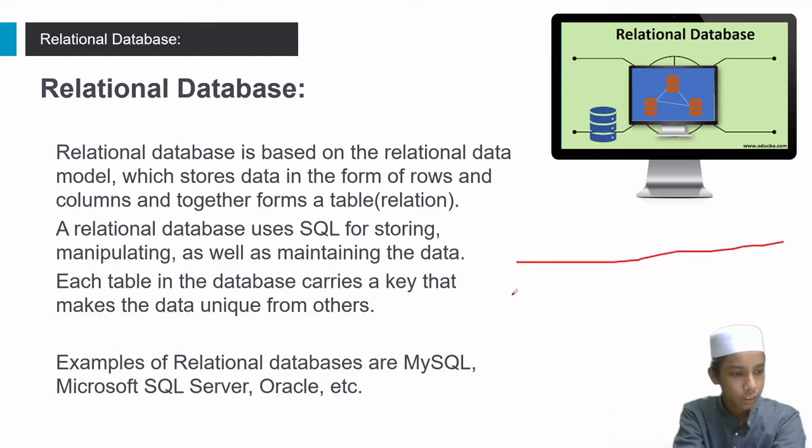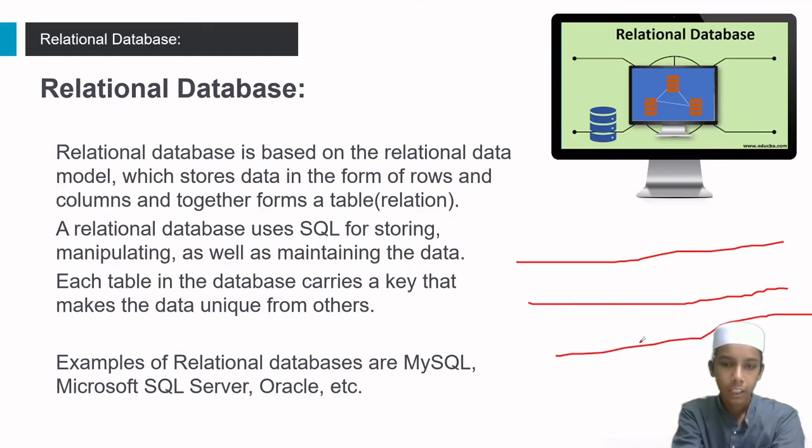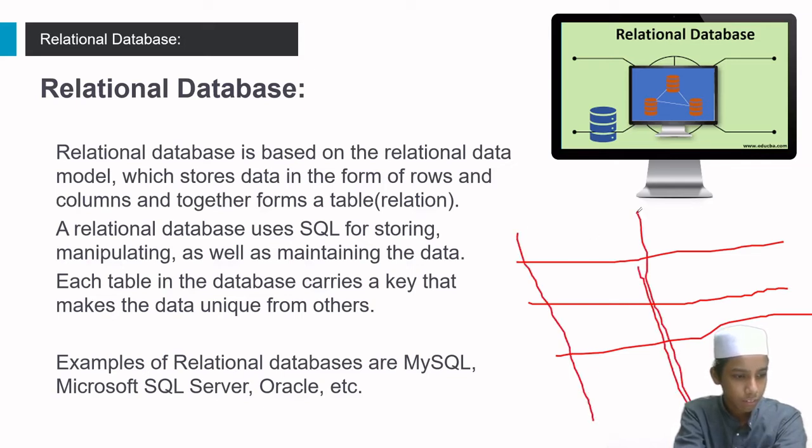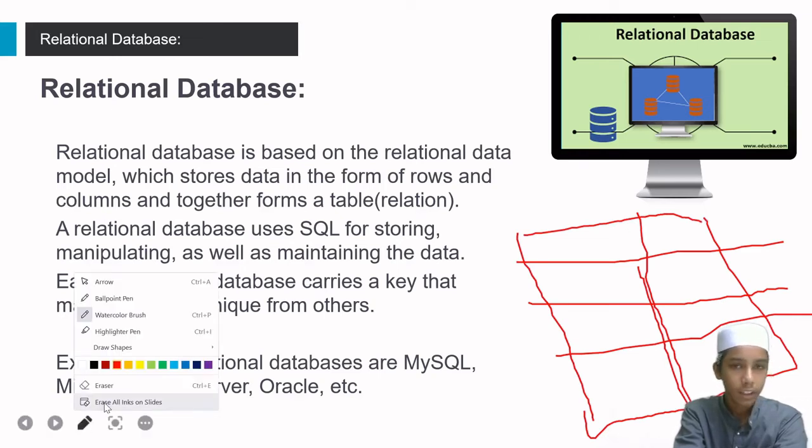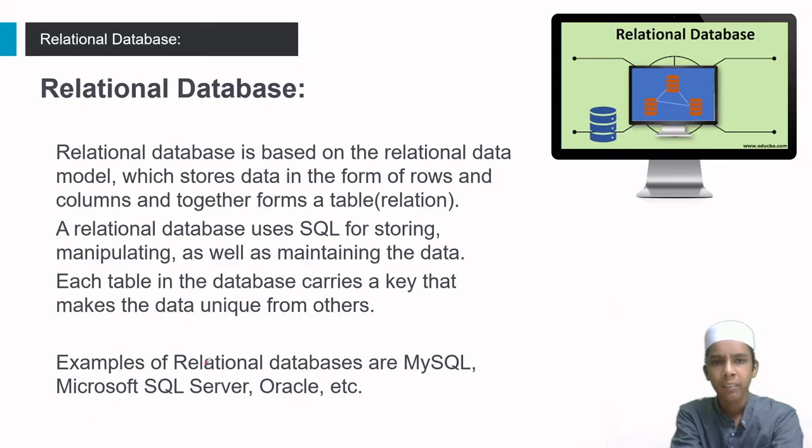These are the rows. And we also store the data in the form of columns, like one column here, and here another column. So it forms a table, and in technical form we call the table a relation.